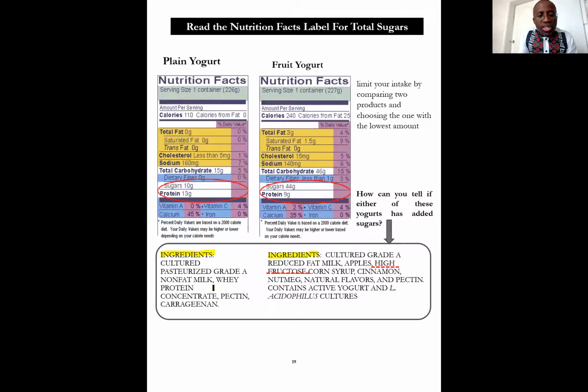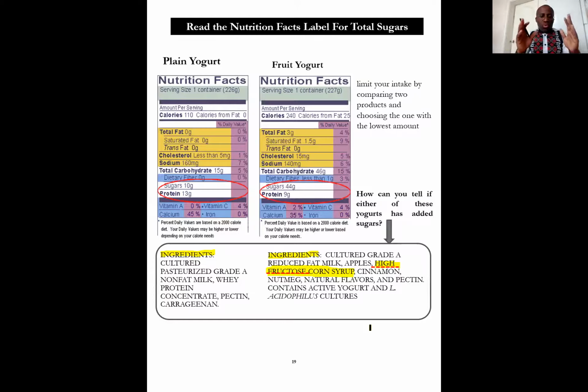You don't see any sugar here, so this food has mainly natural sugar. But if I come here, what do I see? I see high fructose corn syrup. This is added sugar, all right? This is added sugar.